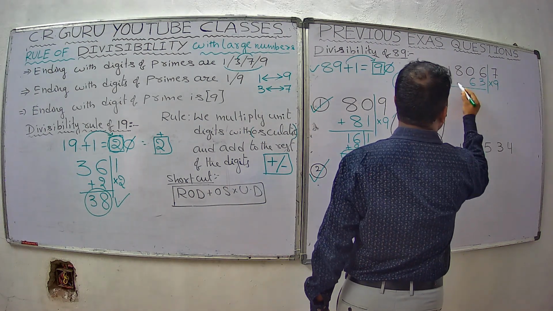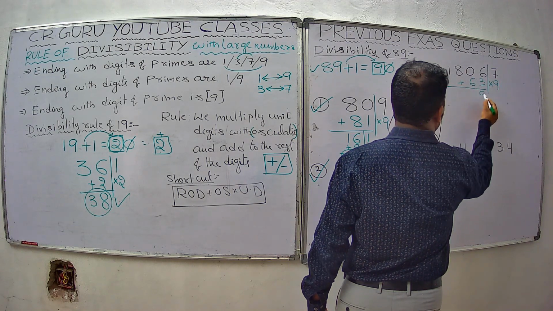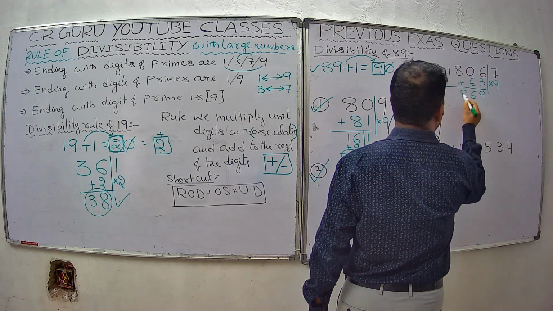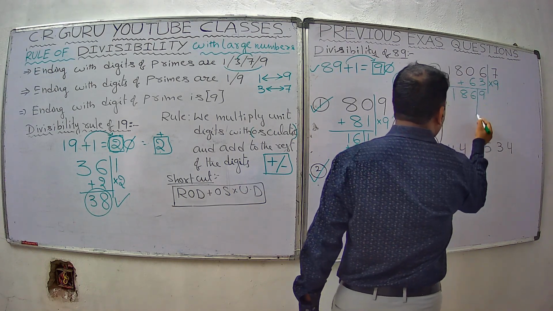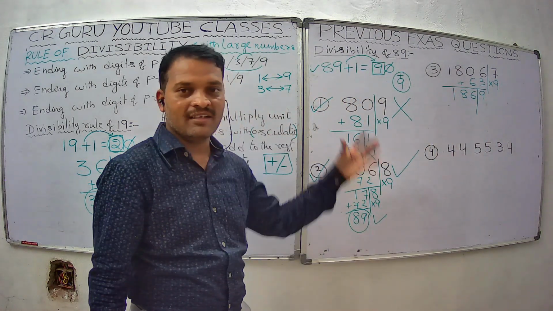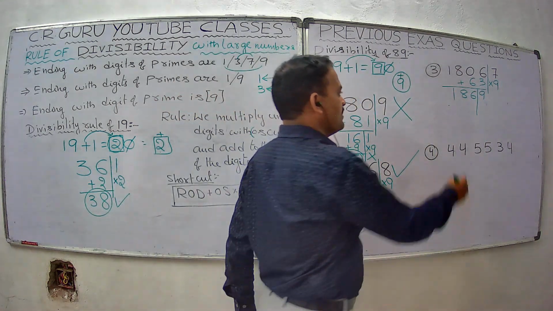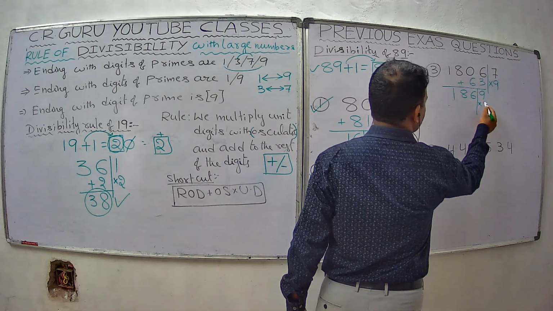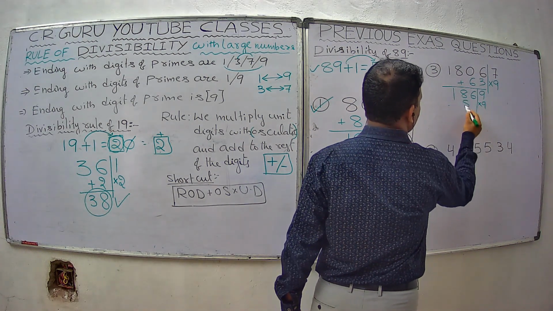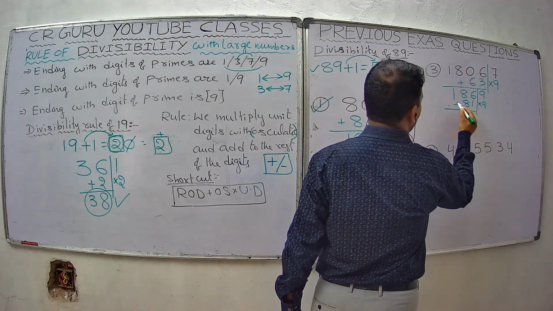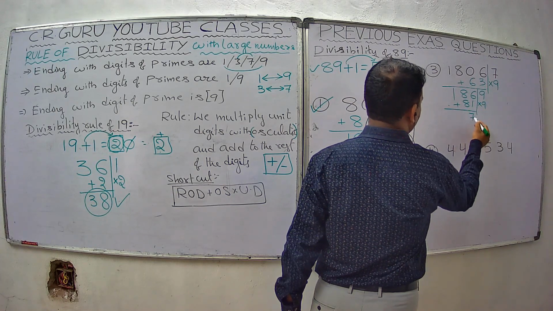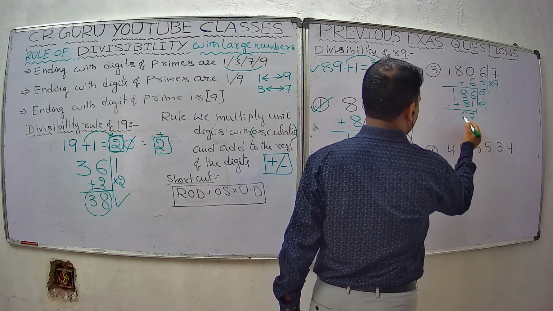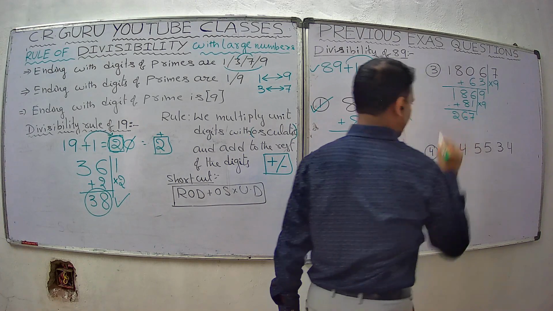Adding this to the rest of the digits, 9, 6, 8, 1. Okay, again you segregate the unit digit, my dear friends. Again it is multiplied with the oscillator 9. 9 nines are 81. Then adding: 6 plus 1 is 7, 8 plus 8 is 16, 1, so 267, friends.